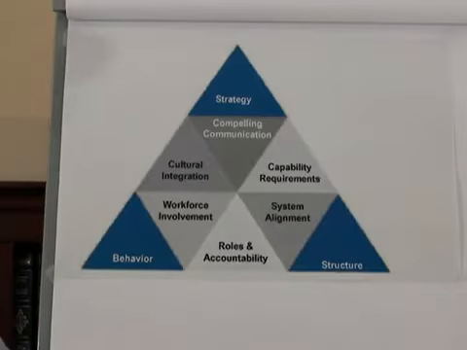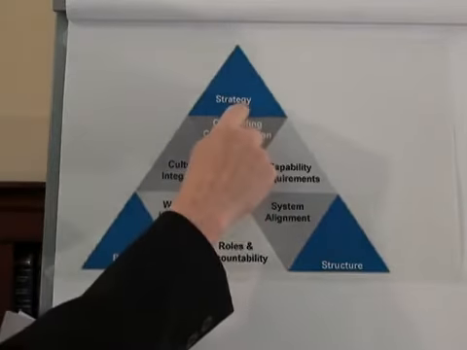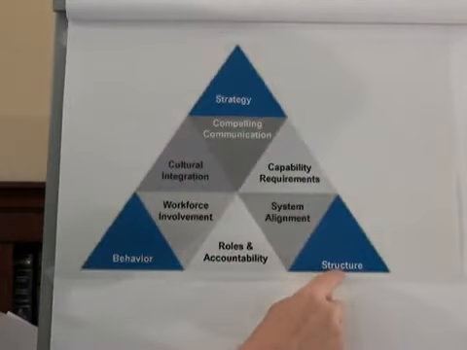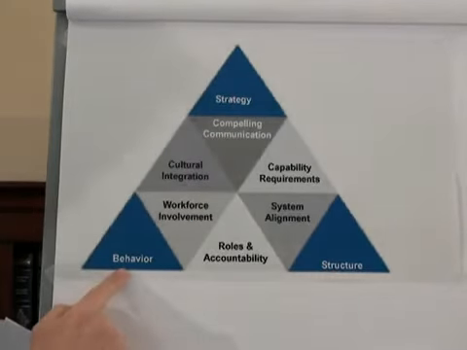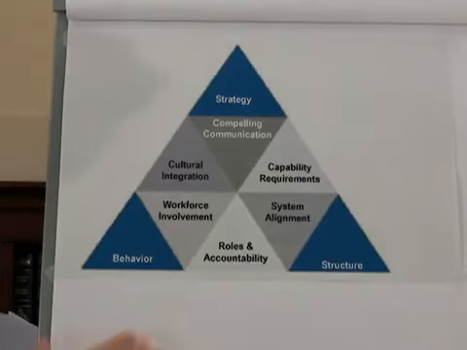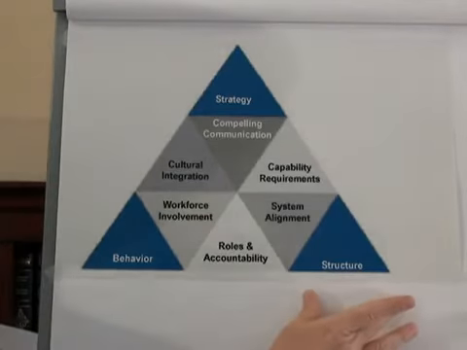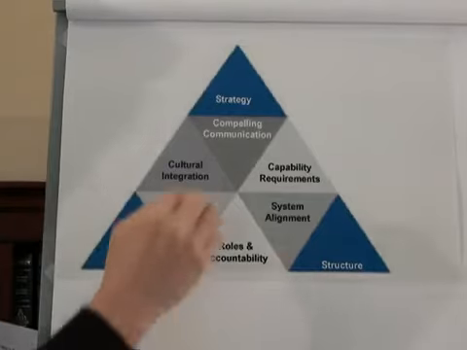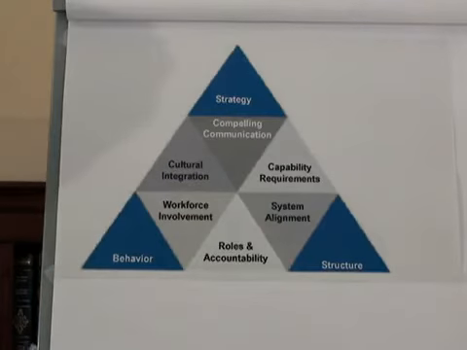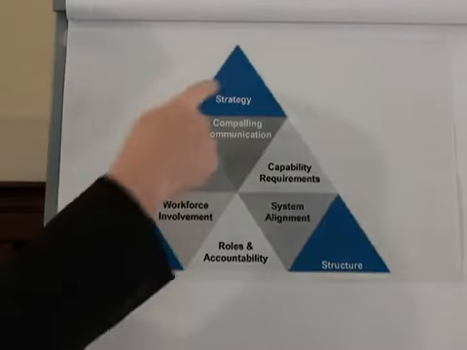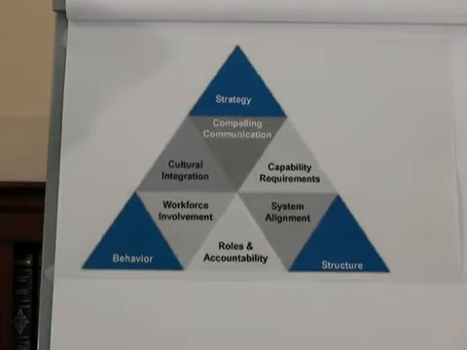Step 2 is determine which of the 3 primary organizational systems to address: strategy, structure, which is systems and processes and procedures, or behavior, which is the people side. Notice the soft side, the hard side, both in alignment supporting the strategy. Those are the 3 primary organizational systems.